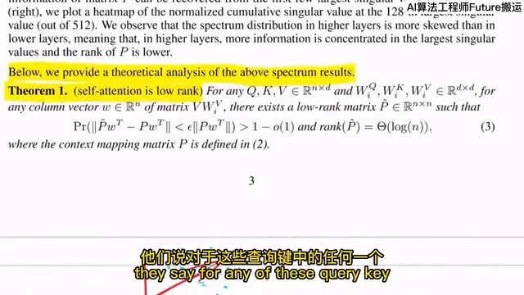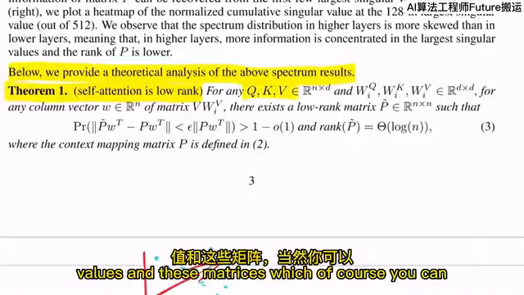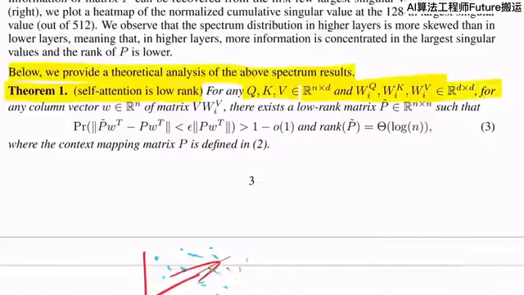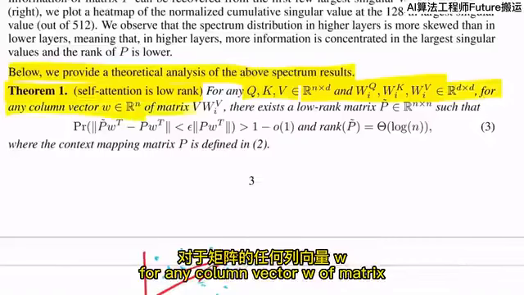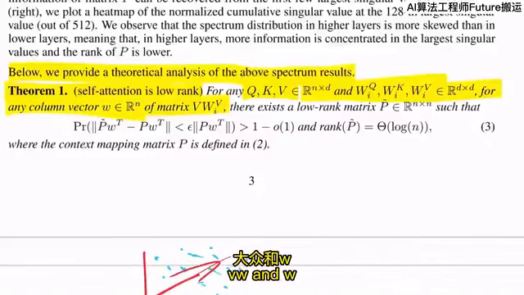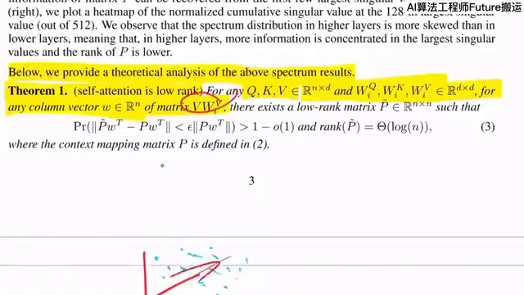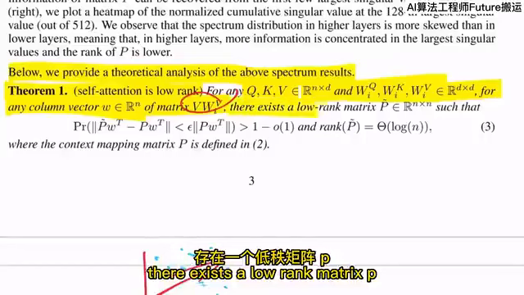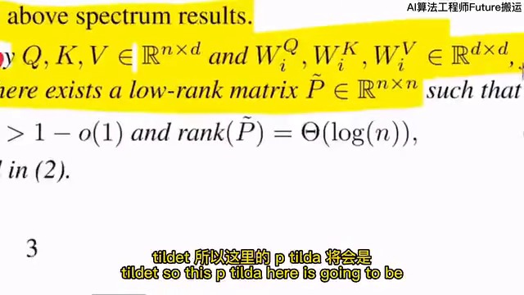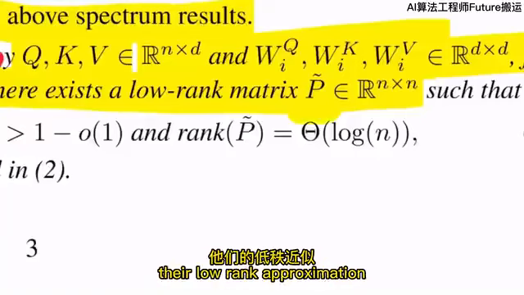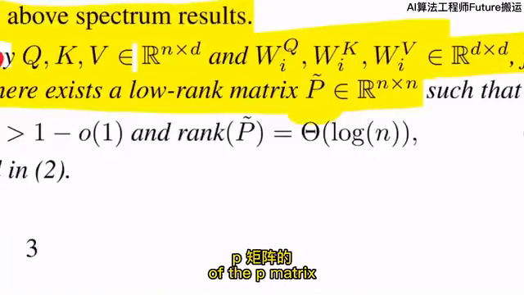They say for any of these query, key, and value matrices, which of course you can ignore for now, for any column vector w of matrix VW, and w here, that's the information that needs to be routed, right? There exists a low rank matrix P tilde. So this P tilde here is going to be their low rank approximation of the P matrix.